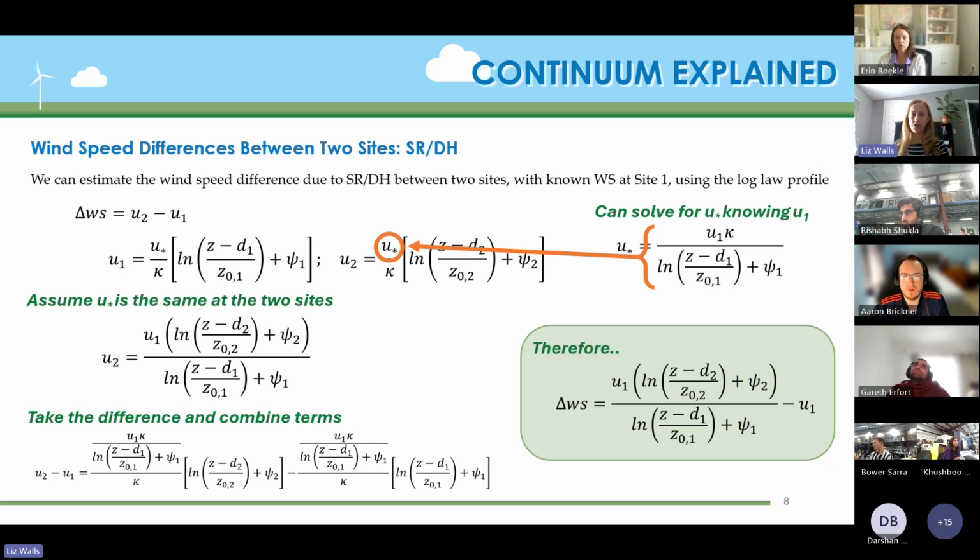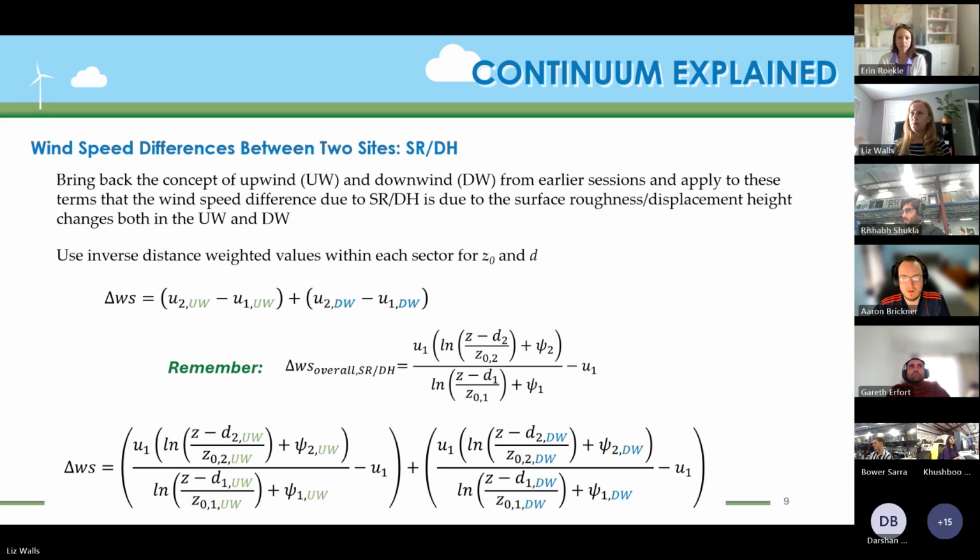So with a little bit of rearranging, some canceling of terms and combining some terms, the overall equation for the change in wind speed between two sites due to the difference in the roughness and displacement height, as well as the stability correction, turns out to be this equation here. This is all derived from the log law, and one simplifying assumption, again, is that the friction velocity is approximately the same.